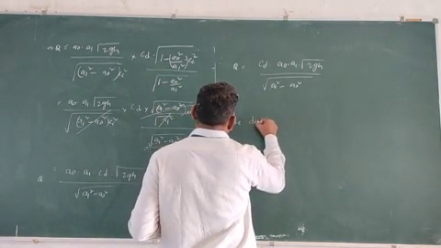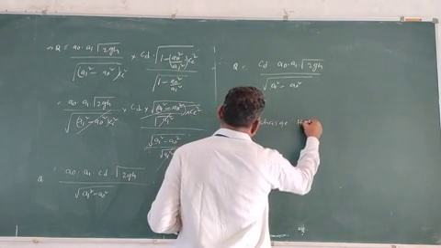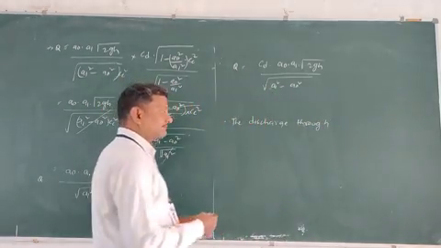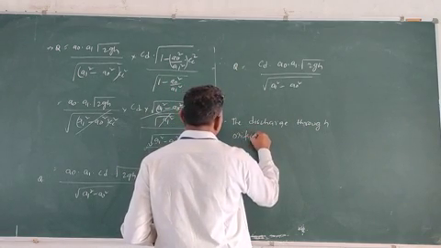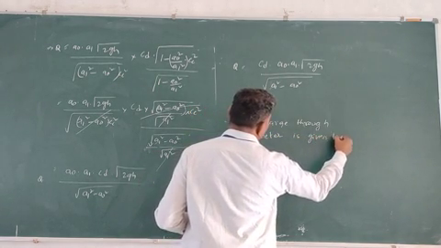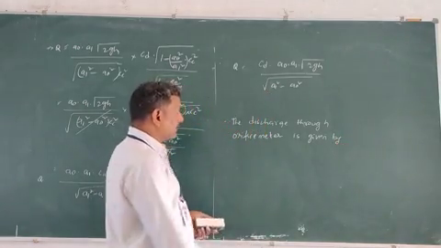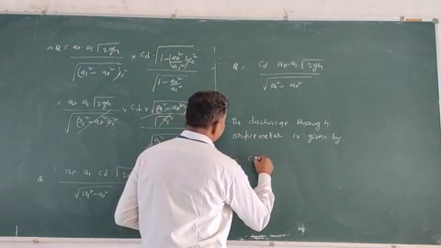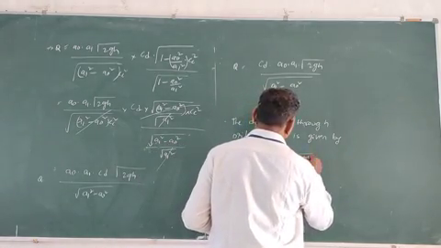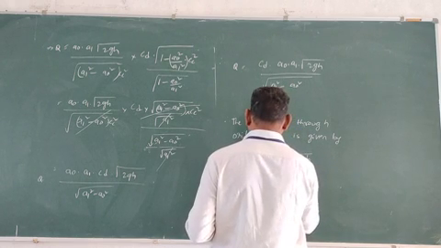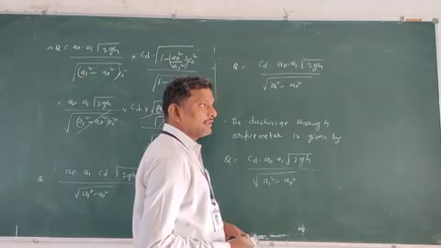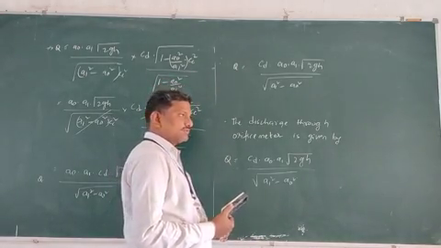The discharge through the orifice meter is given by Q is equal to Cd into A0 into A1 into square root of 2gH divided by A1 square minus A0 square.